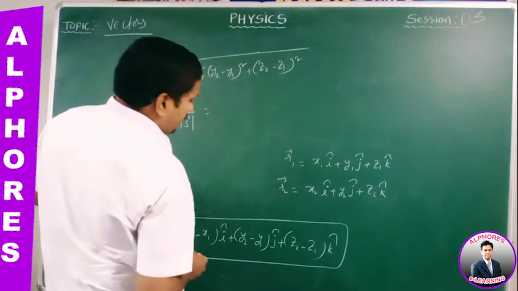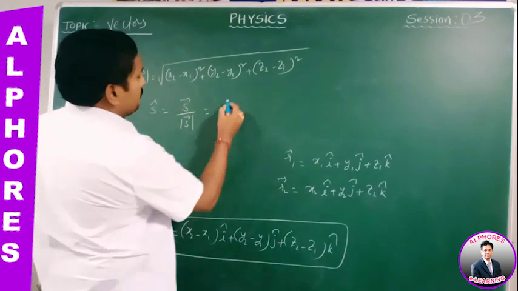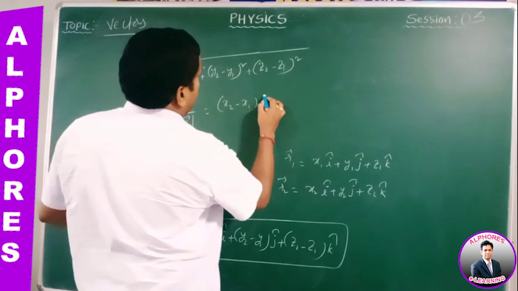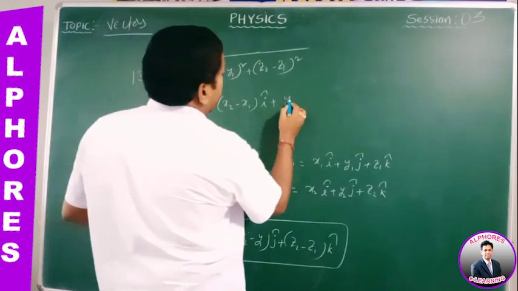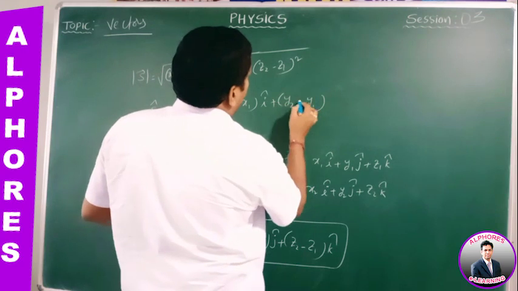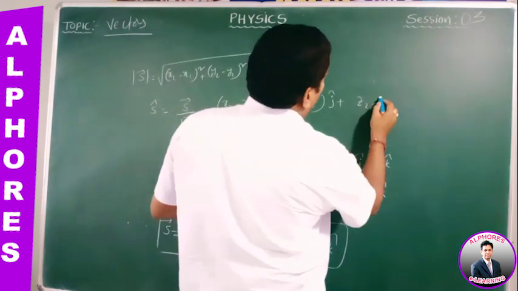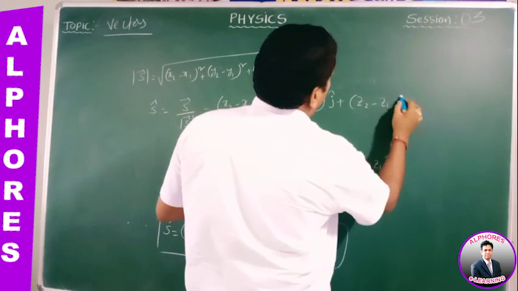That is equal to how much? You know this. S bar means (x2 minus x1) i cap plus (y2 minus y1) j cap plus (z2 minus z1) k cap.